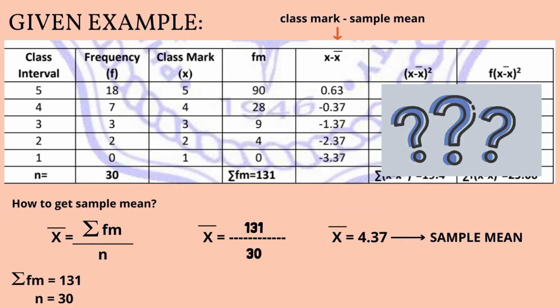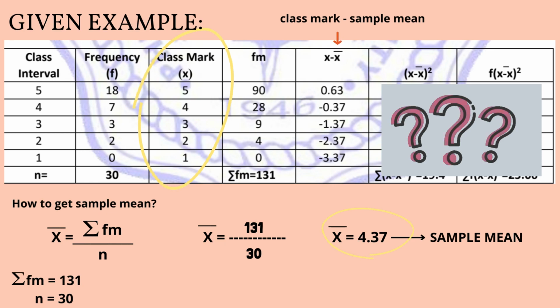Ito yung total number of frequency natin. That is 30. Okay, so let us have this. 131 divided by 30 is 4.37. So 4.37 will be our sample mean. Okay, so ngayon, yung 4.37 na yon, ima-minus natin siya doon sa ating class mark.